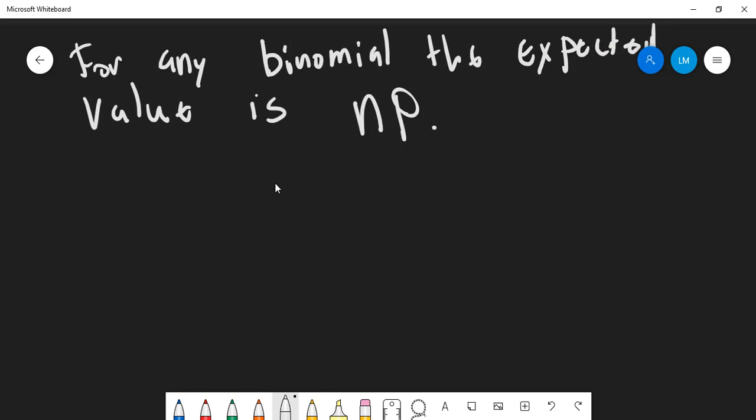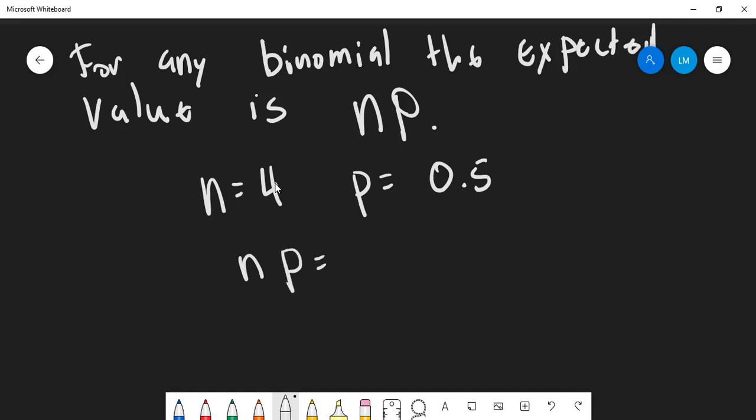So for example, we knew that the number of children in the family was 4. The fixed probability was 1/2. If you multiply n times p, you get 4 times 1/2, which is equal to 2. So that took no time at all.